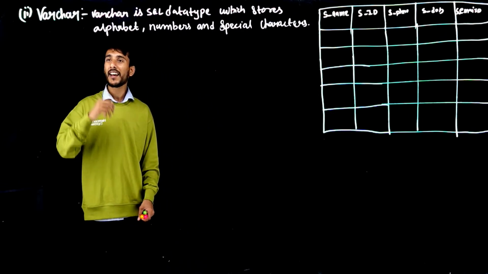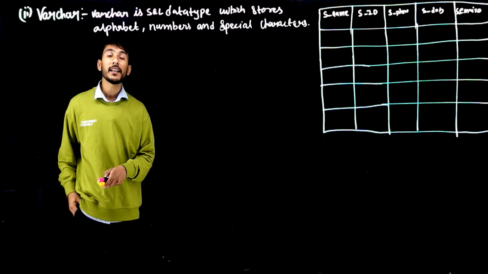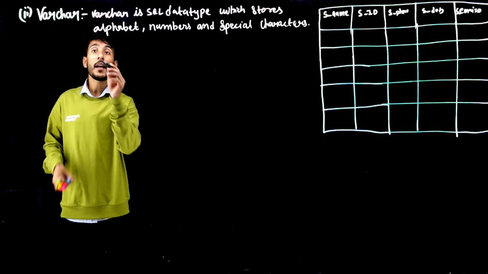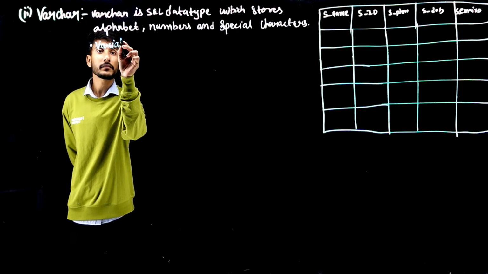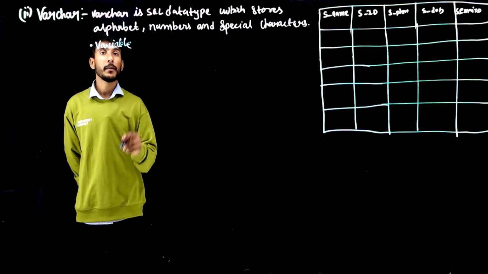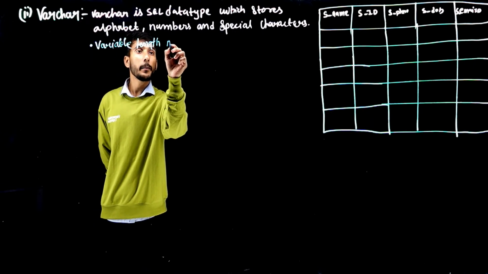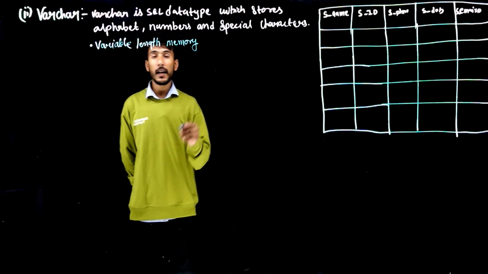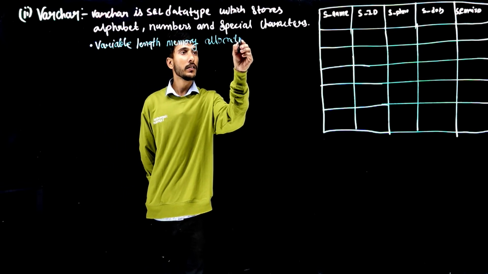So here varchar is the data type which comes with the liability of variable length memory allocation. It is a variable length memory allocation.